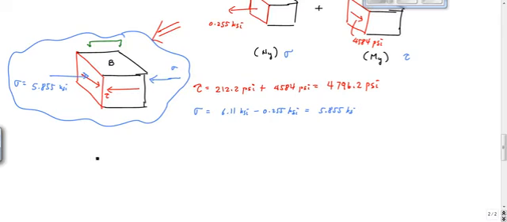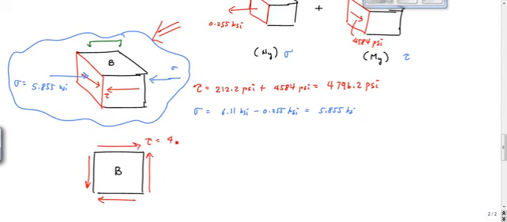Then I would see here on point B, same place where that letter is right here, on all sides right here, this would be tau equal to 4.796 KSI with compression here of sigma equal to 5.855 KSI. Wow. Yeah, that's it right here.